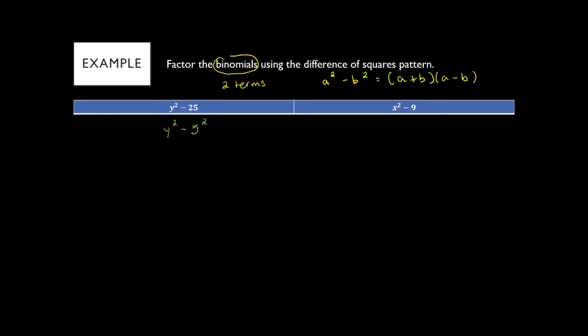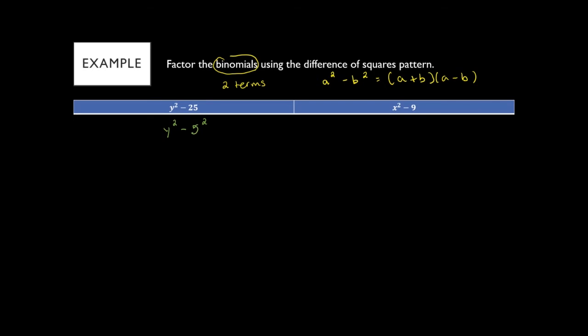So if you can take the square root of 25 on your calculator and get a whole number, taking that square root will give you your value that's squared, because they undo each other. So we have y squared minus 25, which we can rewrite as y squared minus 5 squared.